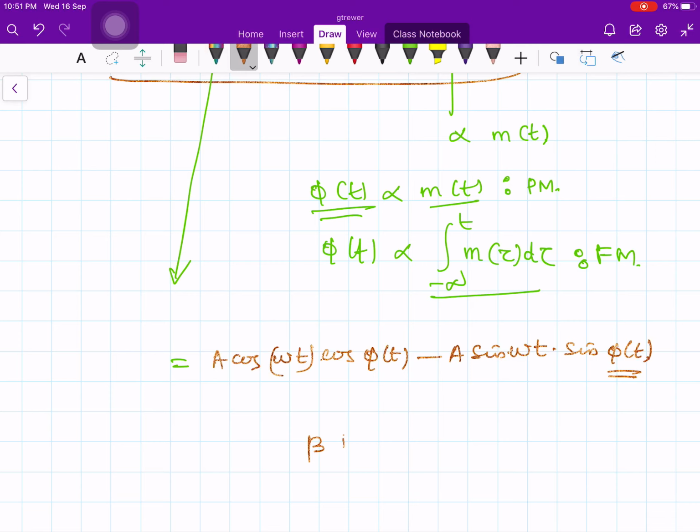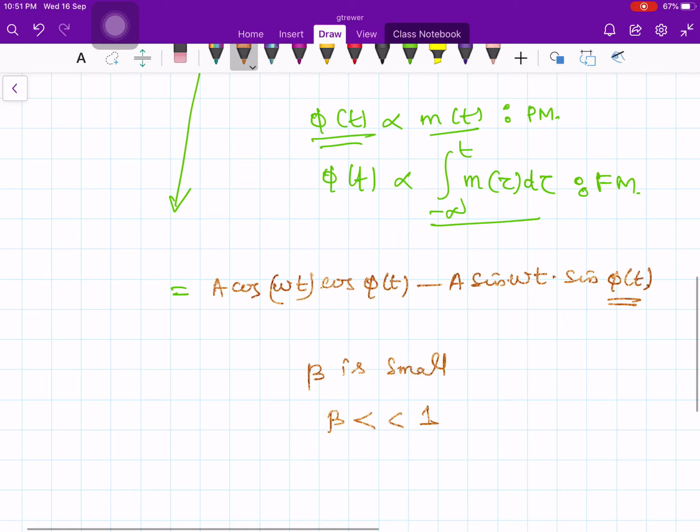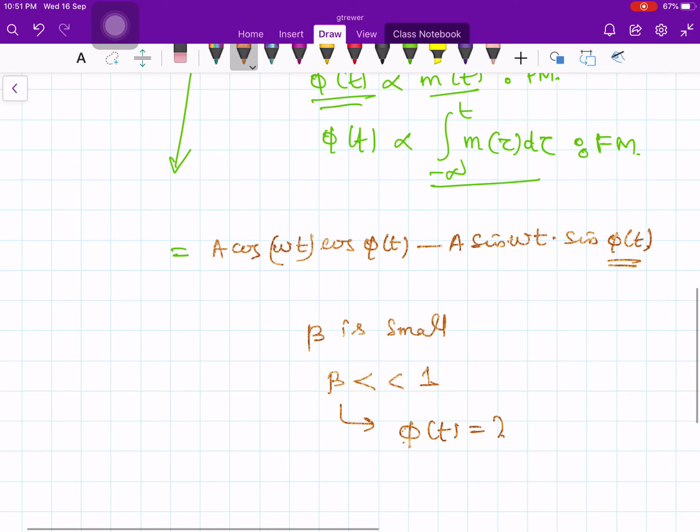Beta is small, that means beta is much smaller than unity. So what does it imply on the nature of phi(t) itself? If beta is much less than 1, phi(t) itself will be small.